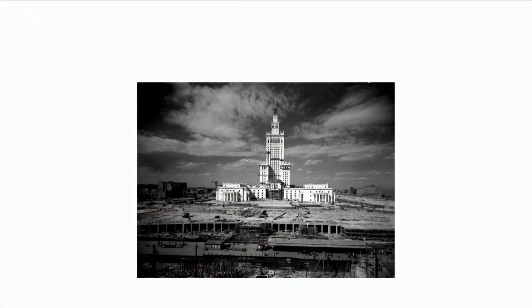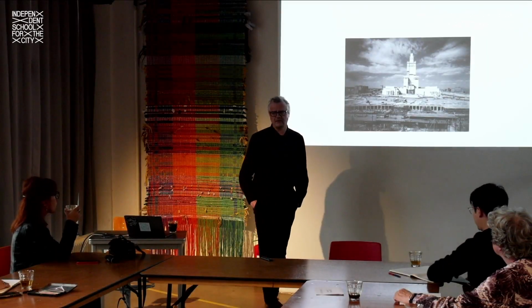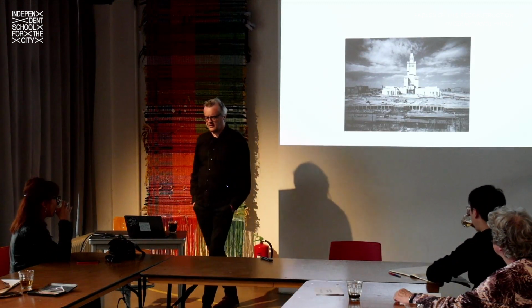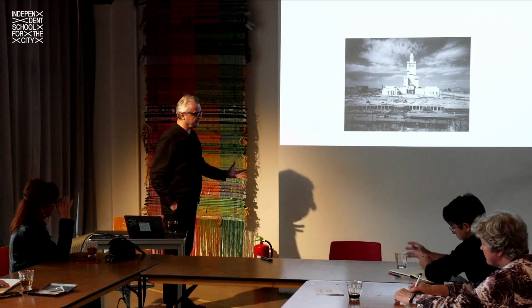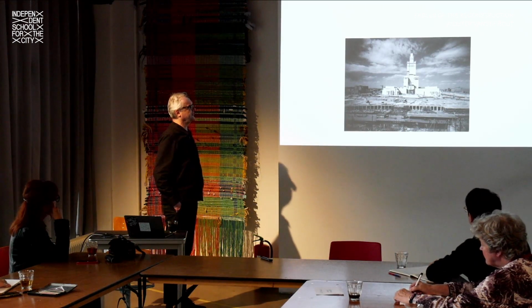Sometimes this enormous emptiness was filled in, for example, here with this. This was literally a present by Joseph Stalin to Warsaw. So it was with gigantic Stalinist buildings that had absolutely nothing to do, of course, with the history or the tradition or the architectural form of Warsaw.